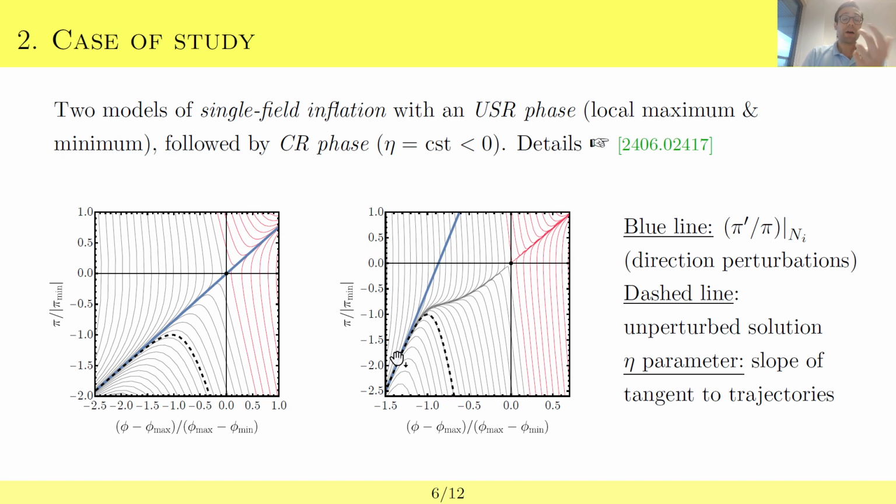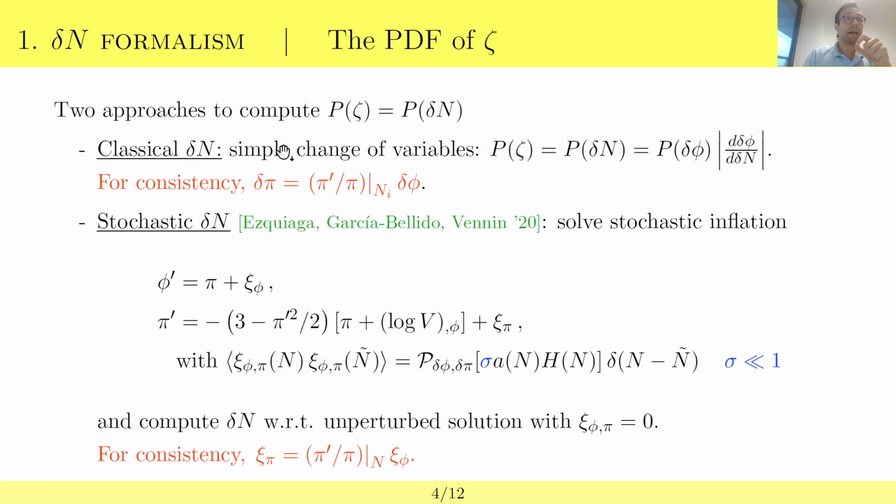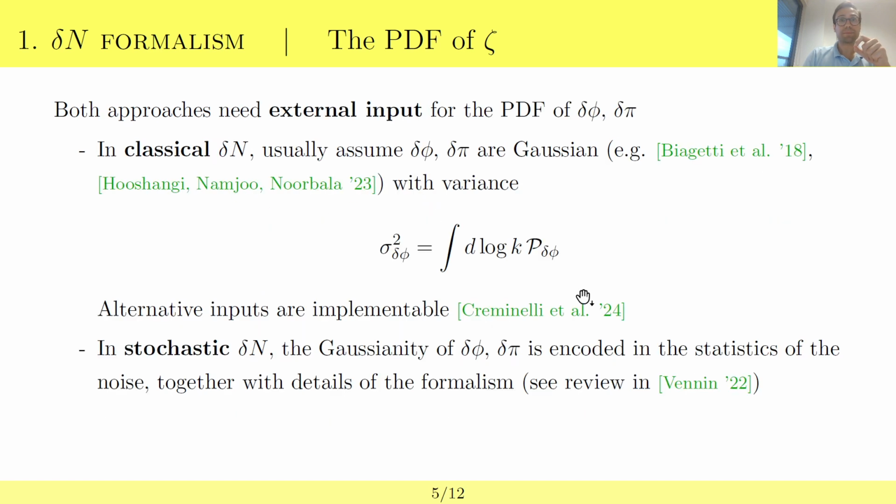How does the delta N formalism work? Well, let's say we have here, in the bottom left corner of the panel, in the unperturbed background trajectory, the field and its momentum at N_i. So we pick N_i, this initial reference time for the delta N formalism, we take it here. We perturb the field along the blue line, which has this slope here, so it is in agreement with this consistency condition.